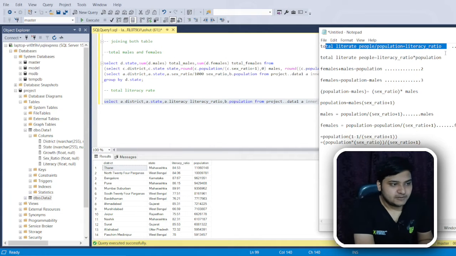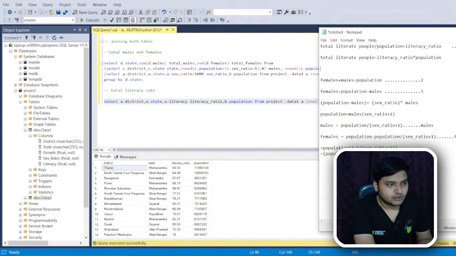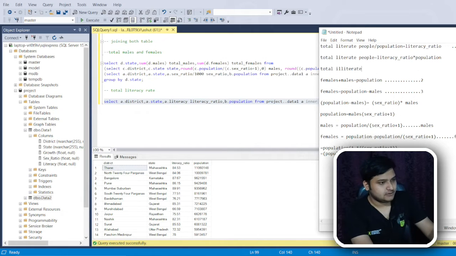So the total literate people will be this, and what if I want to calculate the total number of illiterate people? It would be 1 minus the literacy ratio. That is how we go on to calculate the total number of illiterate people, and we'll multiply the same thing with the total population here.